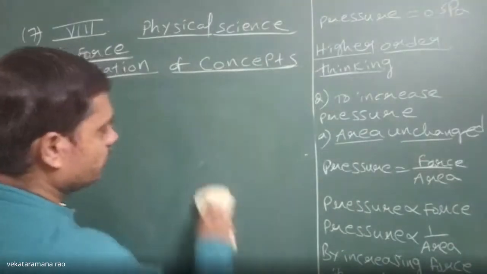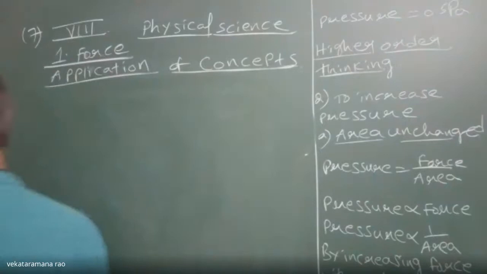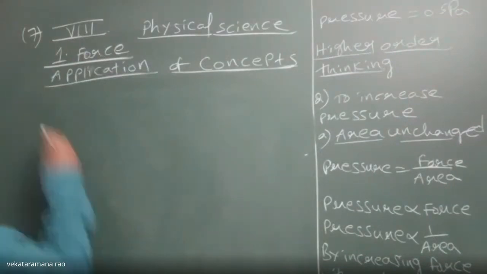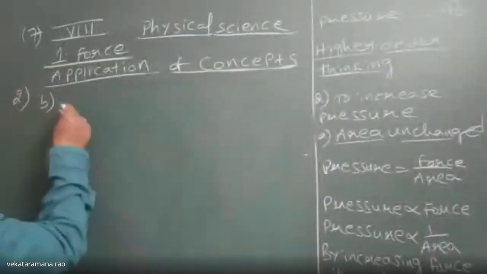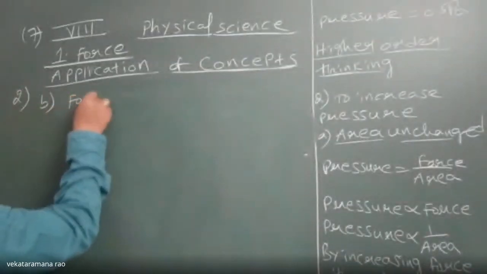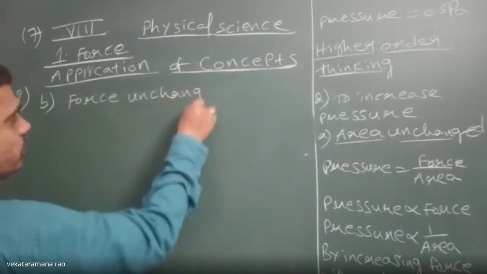What is the B bit now? Here in this case, force should be unchanged. So the B bit is the fourth, second question, B bit. Force is unchanged.